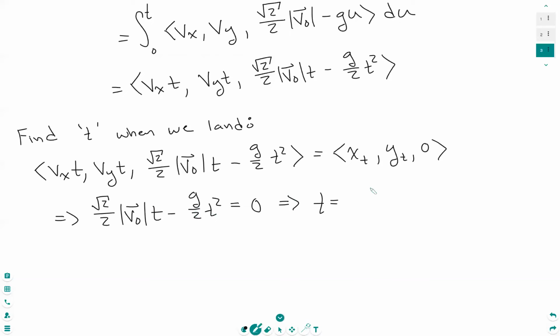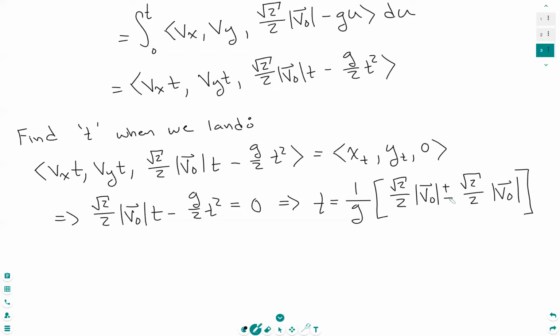T is equal to 1 over g times the square root of 2 over 2 v naught in magnitude, plus or minus the square root of 2 over 2 v naught.